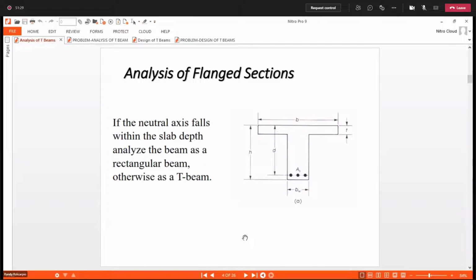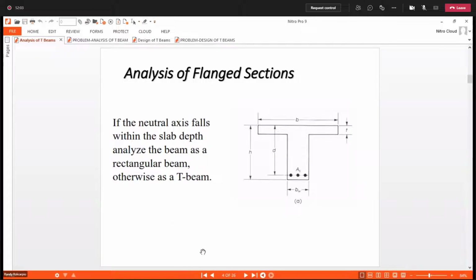Okay, so sabi dito, if the neutral axis falls within the slab depth, meaning at the flange, analyze the beam as a rectangular beam, otherwise as a T-beam. Pag rectangular, yung ating area na i-consider dito for the compressive force will be the depth of the compression block and also the width of the flange.